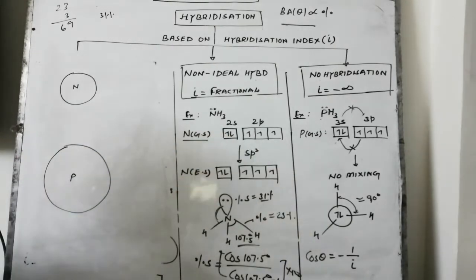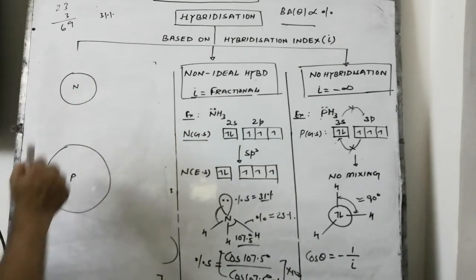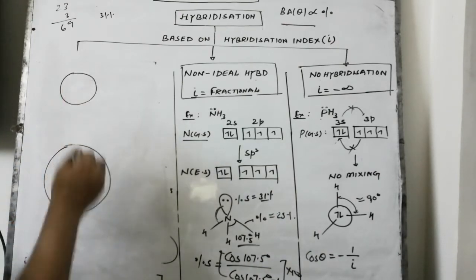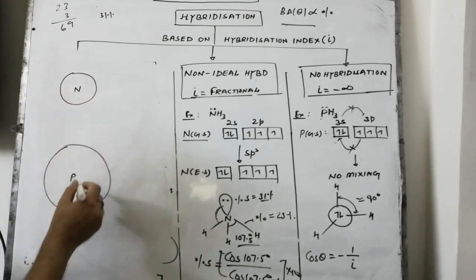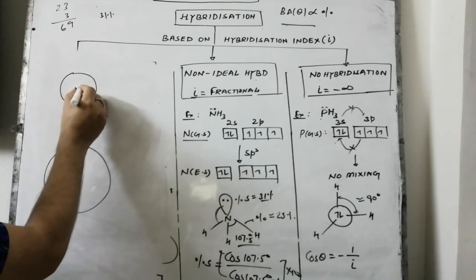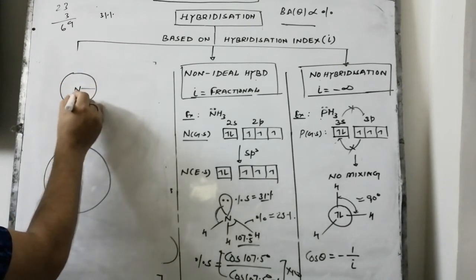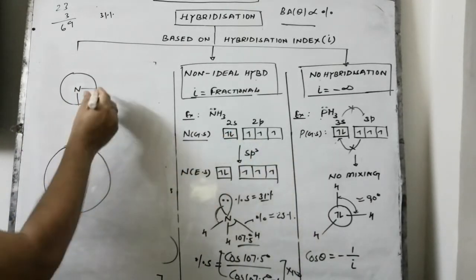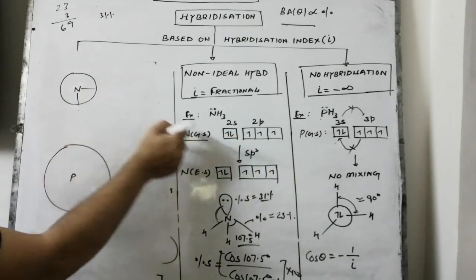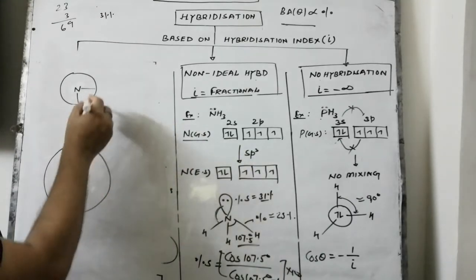If nitrogen doesn't participate in hybridization, since the size of the nitrogen atom is comparatively smaller, and for example here at 90 degrees it has to form the bond, it has to undergo overlapping with the two hydrogen atoms.